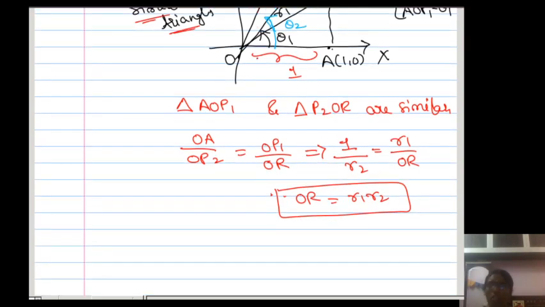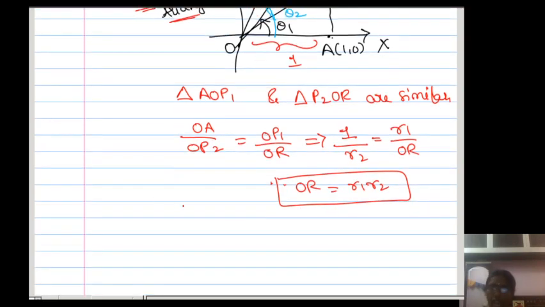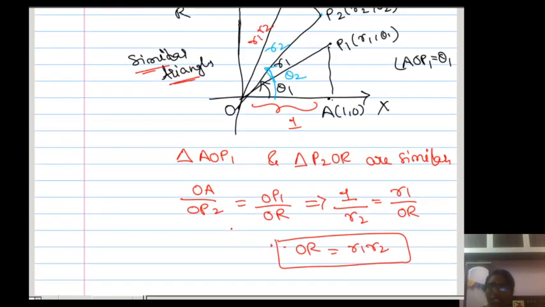Next I want to prove the angle theta1 plus theta2. Since this is a similar triangle, the angle AOP1 is equal to theta1. Hence we can also say that the angle P2OR should be theta1 only. So that's why I can say this angle is theta1, since it is a similar triangle. Now what happened here?